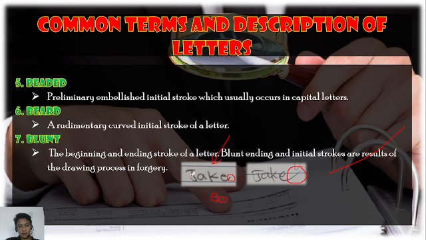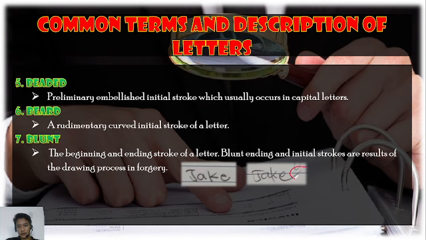Meron din po blunt initial strokes. Unlike dito, it's tapering. Kung mapapansin natin, freely po or mabilis po yung pagsulat niya, unlike po sa slow handwriting na blunt, usually yung ending. Yan po yung pagkakaiba.